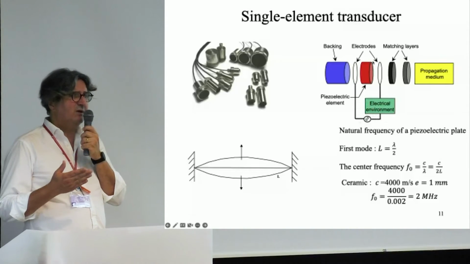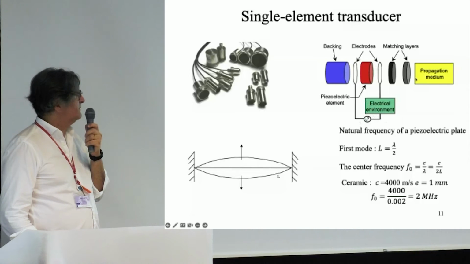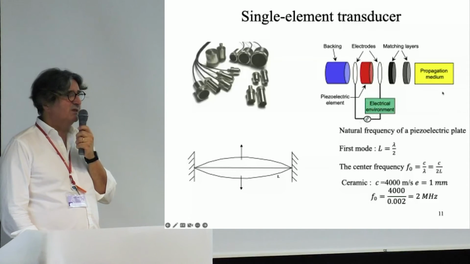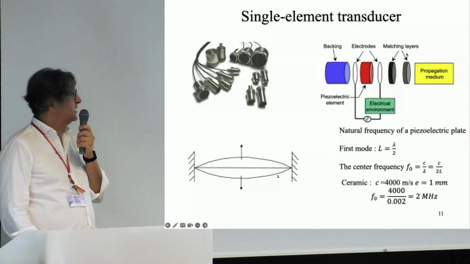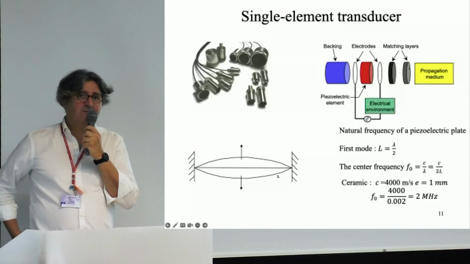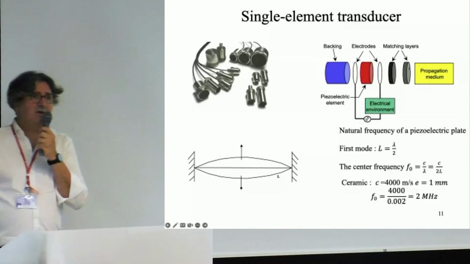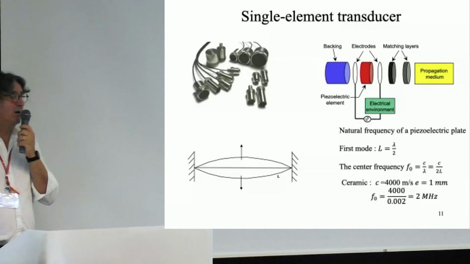But this piezoelectric element is not alone. On the front face, I have discussed the problem of the impedance mismatch that you can have when you want to propagate, so you will put matching layers. These matching layers have the role of transferring the energy into the propagation medium.